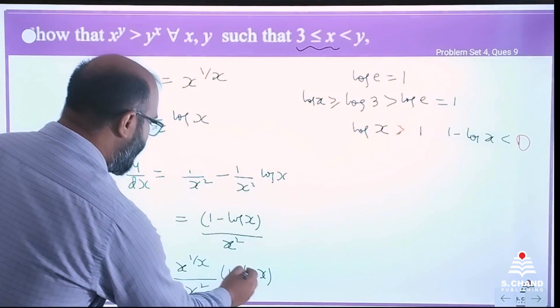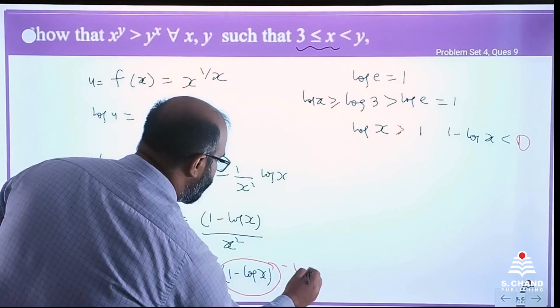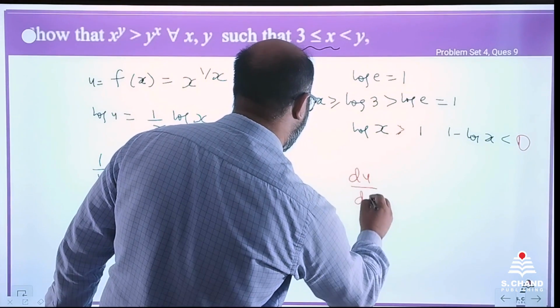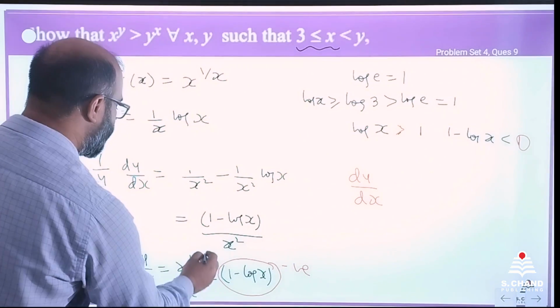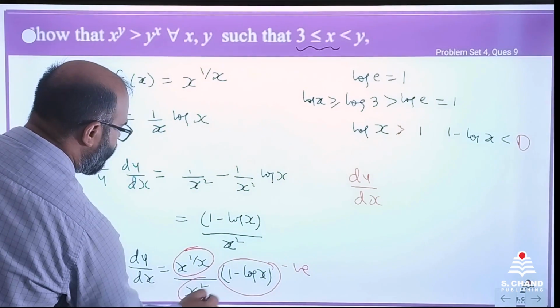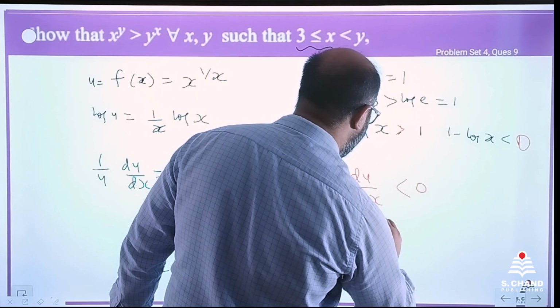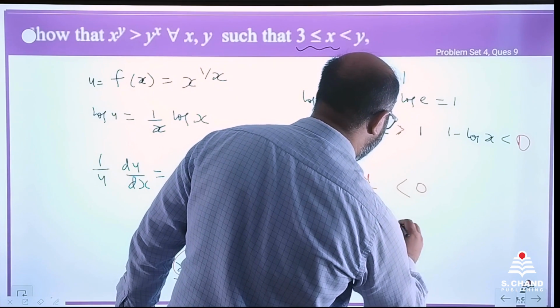So 1 minus log x is a negative quantity, and in du by dx, x to the power 1 by x is a positive quantity, and x square is also a positive quantity, so du by dx is less than 0. So which type of function is it? It is a decreasing function.